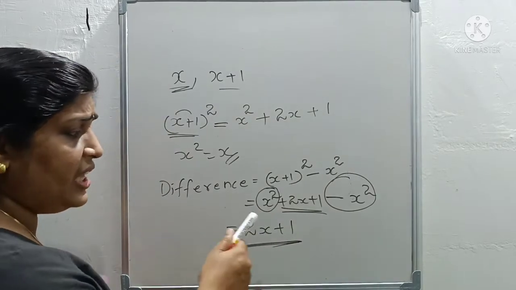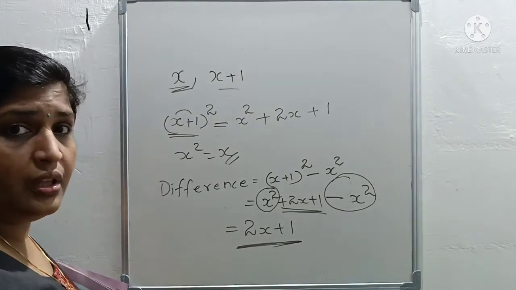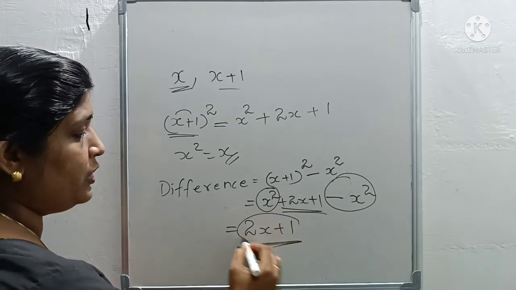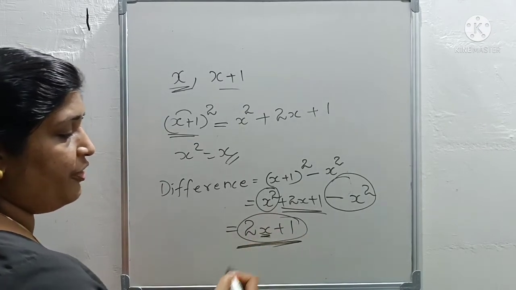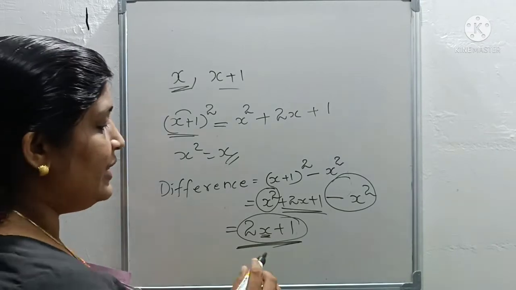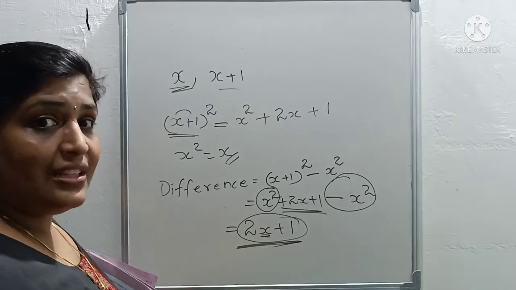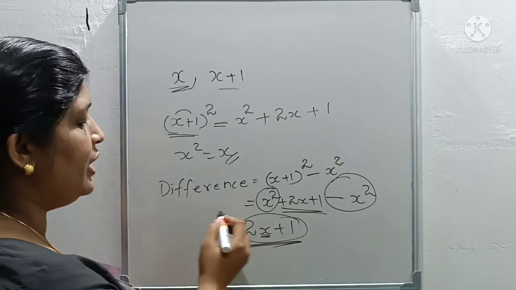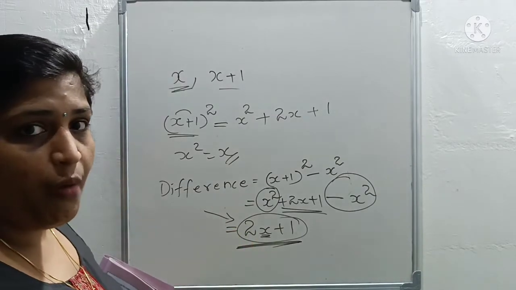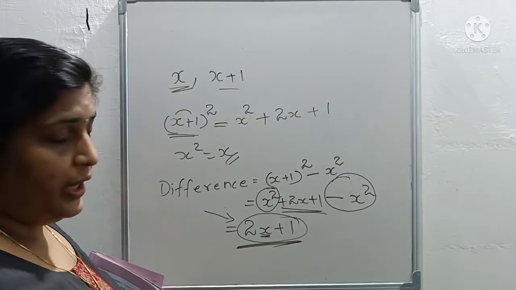But is it an odd number? How can we check whether it is an odd number or not? If we give different values to x, and the answers are only odd numbers, we can say that this is the general form of an odd number. Let us find out.